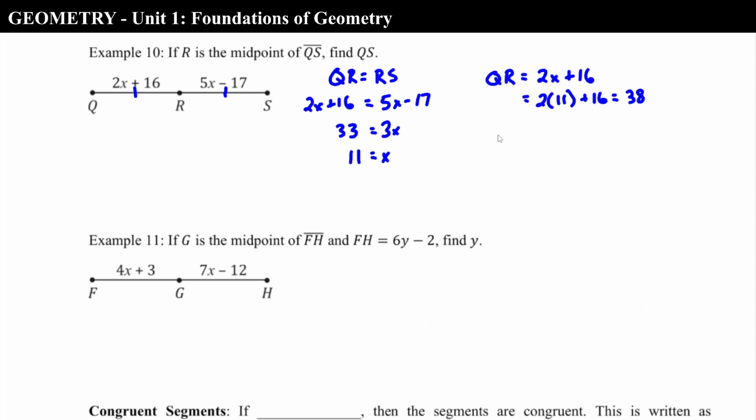Okay, so we know that QS is equal to QR plus RS. That's the segment addition postulate. But we also know that RS is the same as QR. We had that written here. So let's substitute in QR for RS. Well, we found out that QR is 38. So 38 plus 38 is what QS will be. So QS is going to be 76.